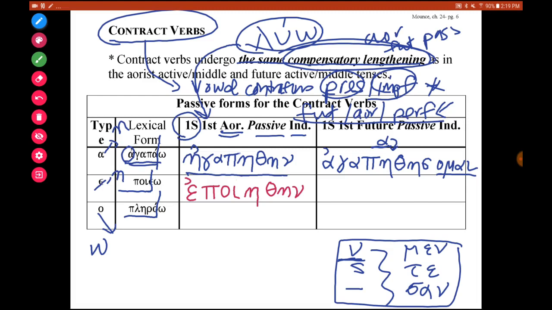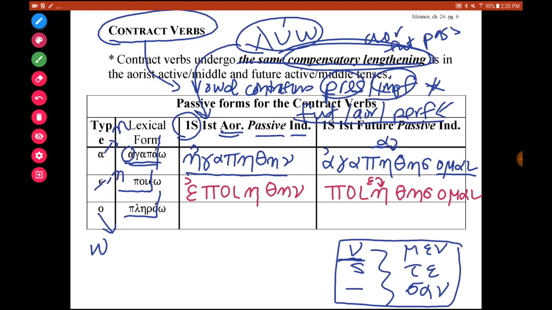If I want to say I will be done, I will be made, I would not have an augment. I would add my verbal root, and then I would have a compensatory lengthening. The epsilon, short epsilon that we would expect, becomes an eta, and then I would add my tense formatives, and then connecting vowel plus suffix. So poiethesomai is I will be made, I will be done.